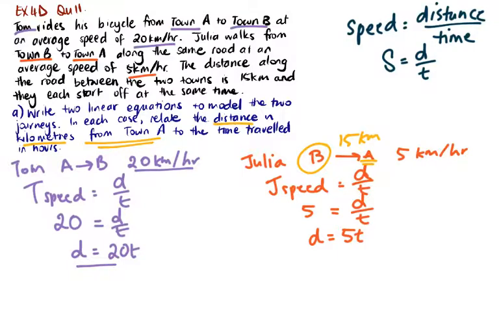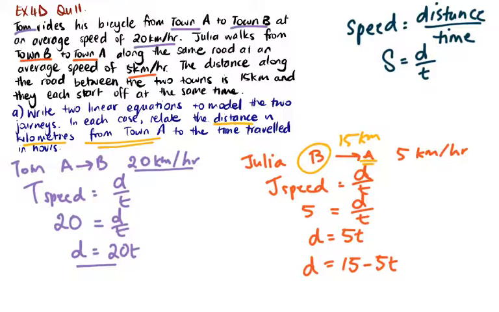Her formula will actually be D equals 15, because she still needs to travel that 15 kilometers, take away the speed that she's traveling at, because that's going to tell us how many kilometers she's traveling along that road to get to town A. So her formula is actually D equals 15 minus 5T.